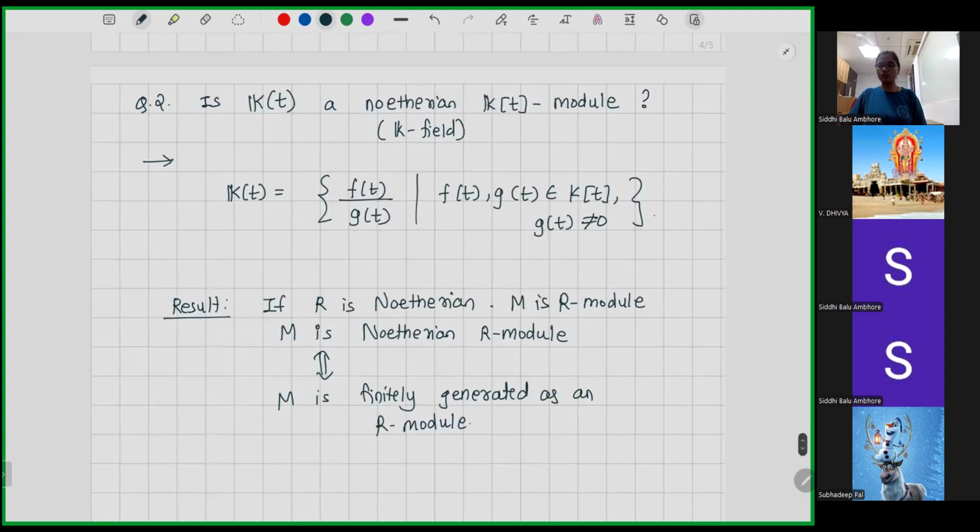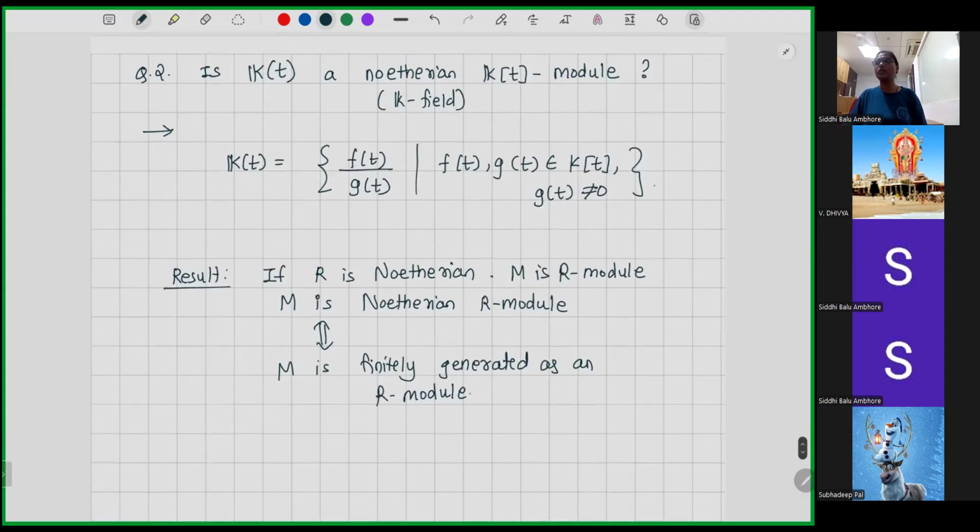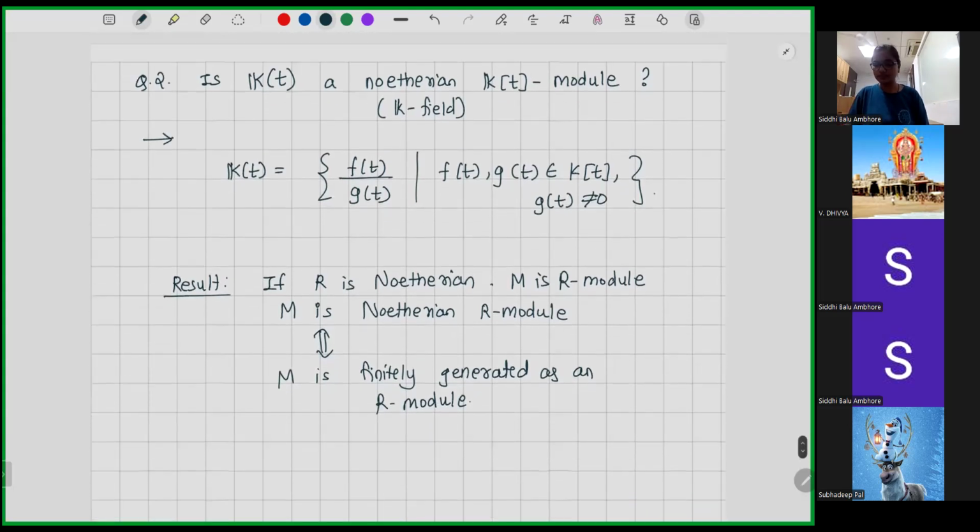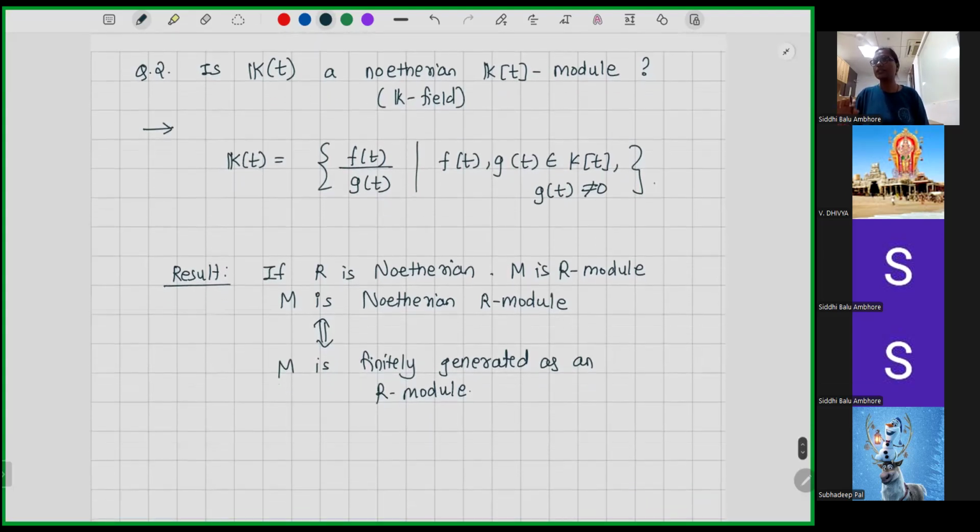Okay, so any guesses whether this is true or false, any kind of guess which you have?